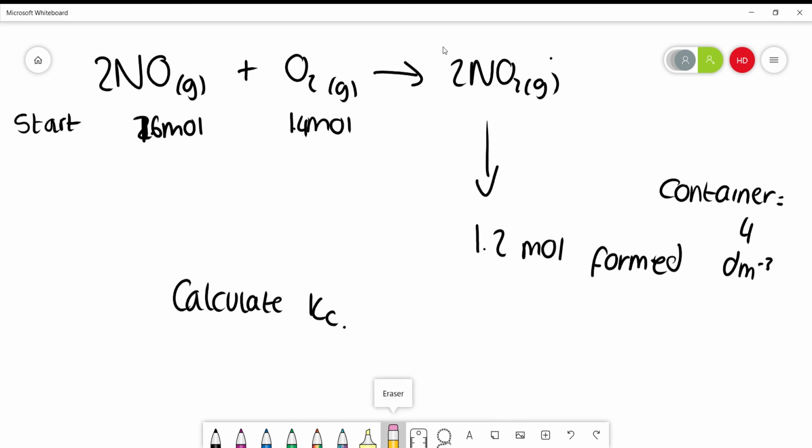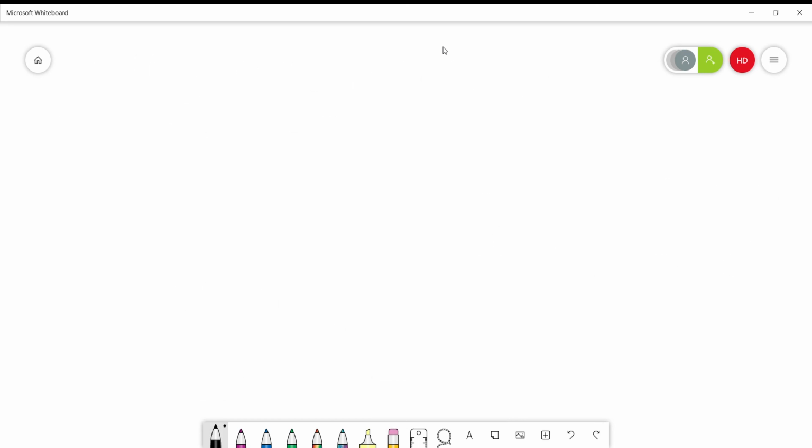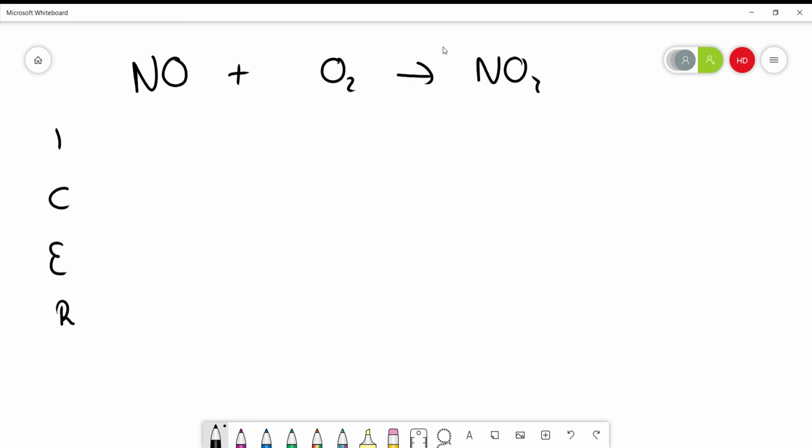Cool. I will try work through this for you. NO plus O2 gives you NO2, so you've got a 2 to 1 to 2 ratio. Initially, you've got 1.6 of that, 1.4 of that, 0 of that.